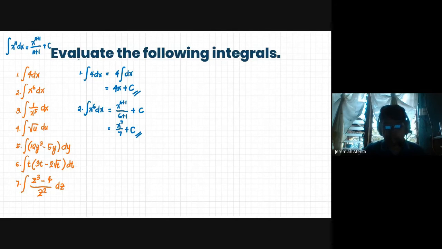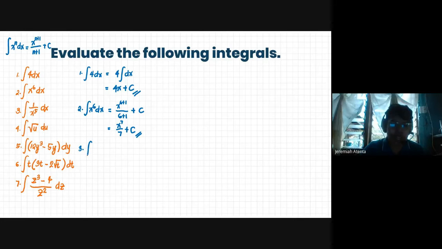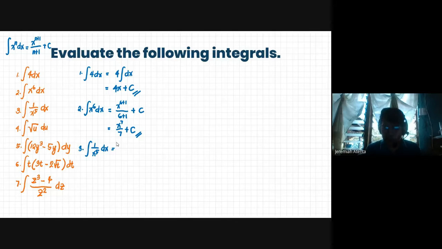Very good. Now, how about number 3? Number 3, we have the integral of 1 over x to the power of 5 dx. Ayan. Now, is there any theorem that we can apply? Okay? If you have an expression like 1 over x to the something, do we have any theorems kanina that we can apply? Is there any theorem? Meron ba?